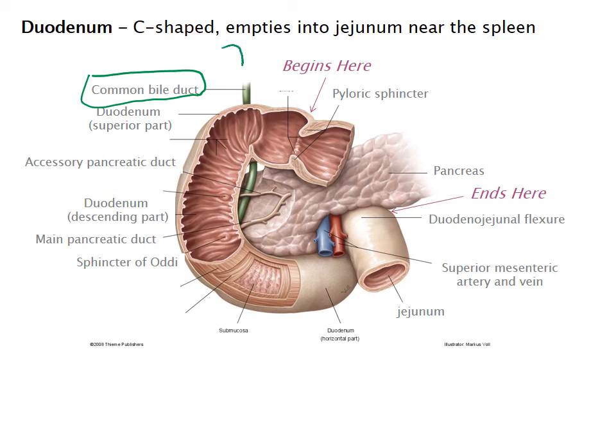The gallbladder was just storing it and concentrating it, but that bile travels down the common bile duct and it extends down, and it really passes into the pancreas, where it meets up with the main pancreatic duct, and both of them end up spilling out in this area into the duodenum.